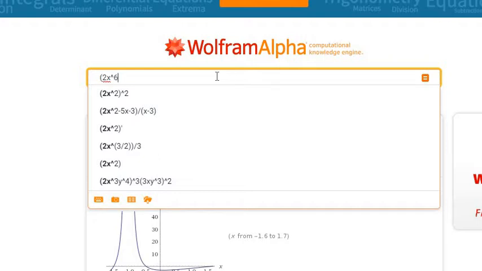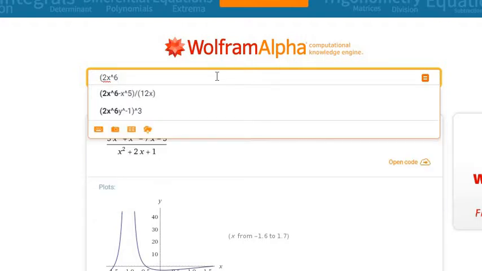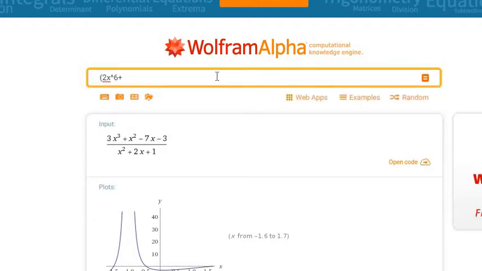We had 2x to the 6th plus 3x to the 4th minus x squared. I'm trying to do this with one hand, so hang in there. Plus 5x minus 11.